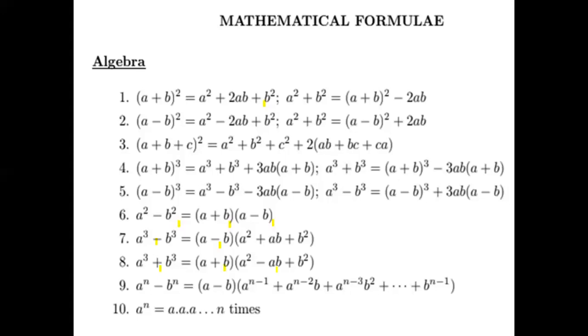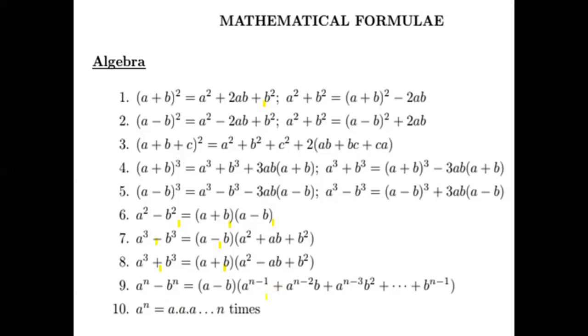And last formula, a raised to n minus b raised to n. I think you have seen this in expansion formulae, Maclaurin series, Taylor series. A raised to n minus b raised to n is a minus b into a raised to n minus 1 plus a raised to n minus 2 b.